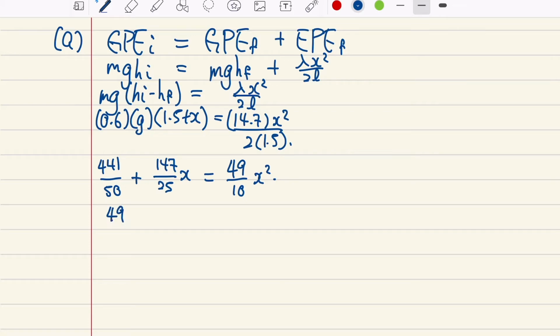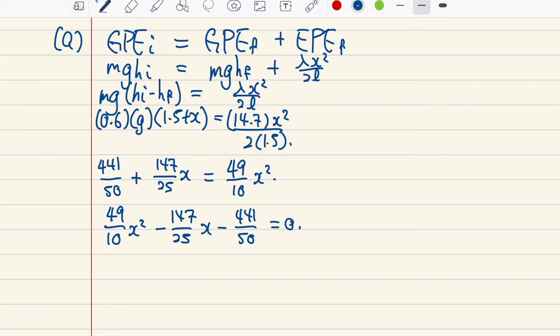We can use calculator to find the value of x.